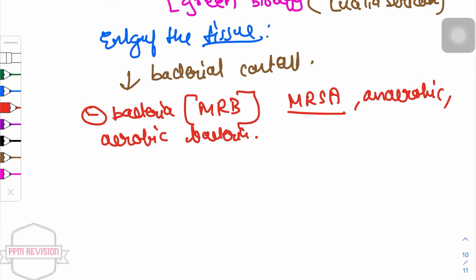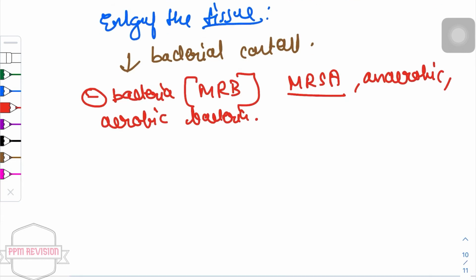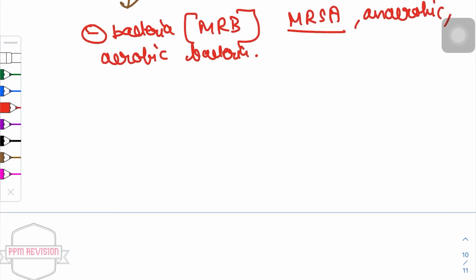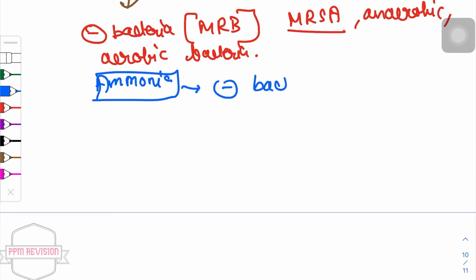They secrete proteolytic enzymes to have mechanical effects, and the secretion of ammonia alters the ulcer bed. Because of ammonia, it inhibits the bacterial growth.